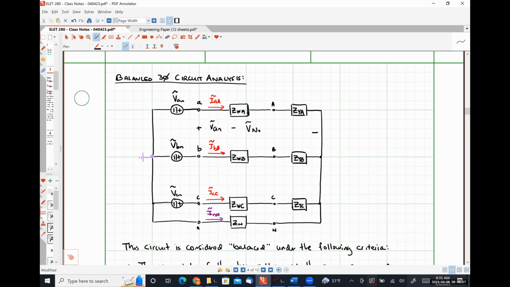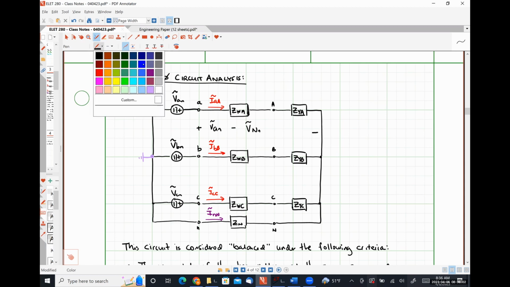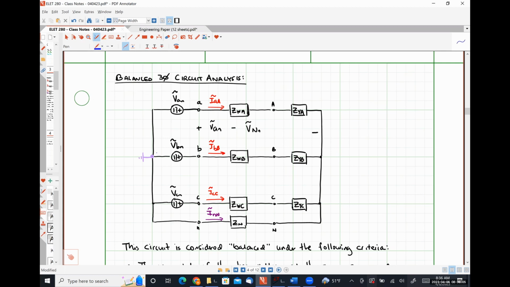Anybody confused as to where that's coming from? All right, so effectively I'm writing the KVL equation. I'm starting from here and go all the way around. Like this, actually. I'm going to start it from right here, because this is all the neutral.